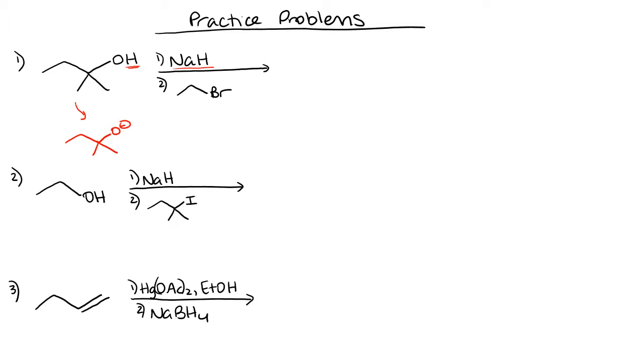So the sodium hydride will remove that H and will create our strong nucleophile with the negative charge on the oxygen. Now this can act as our nucleophile and attack the second portion of this reaction, which is a primary alkyl halide.